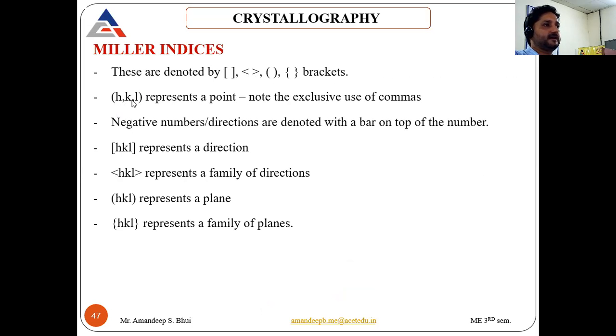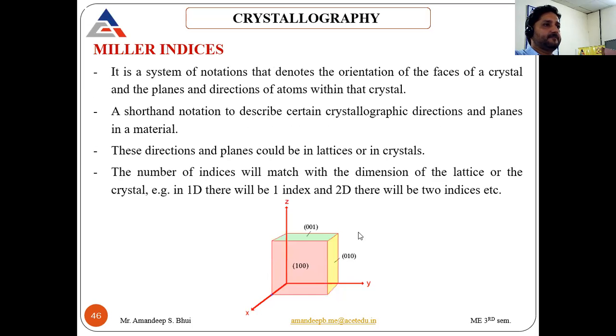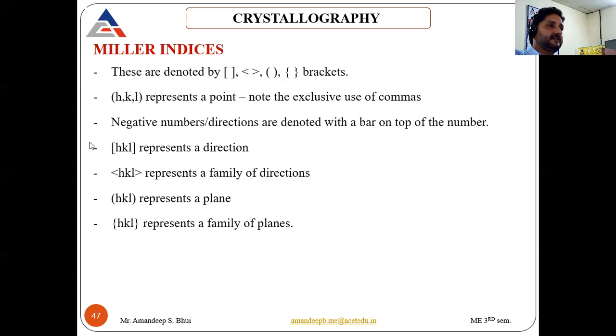H, comma K, comma L will represent a point in this three-dimensional axis system, that is X, Y, and Z. So HKL is the value of H in X direction, value of K in Y direction, and value of L in Z direction. So it is in the brackets and separated by commas. Okay. So this describes a point when we use commas.